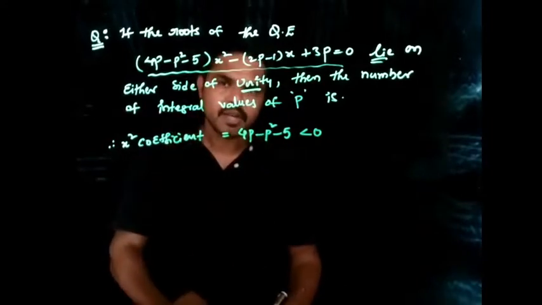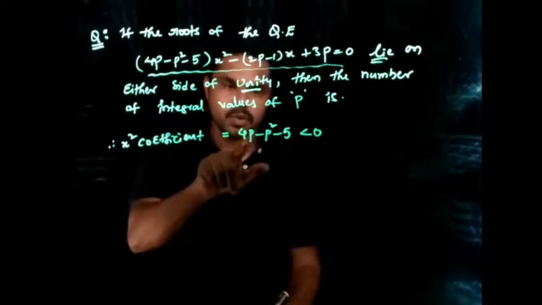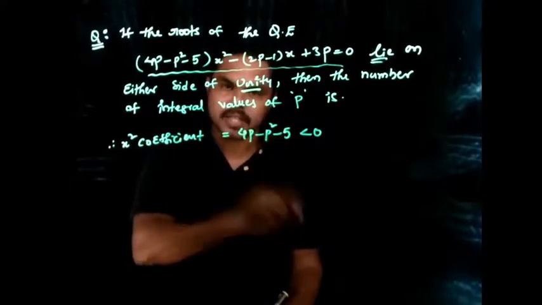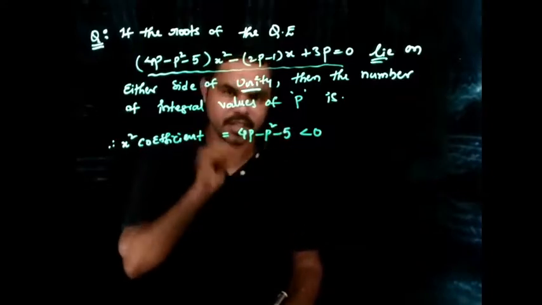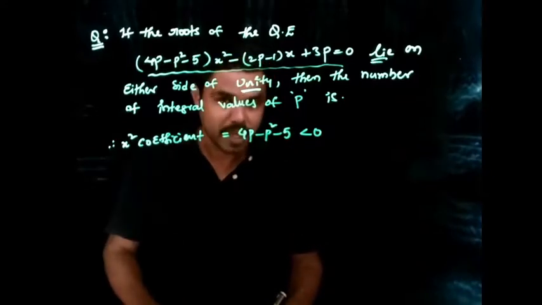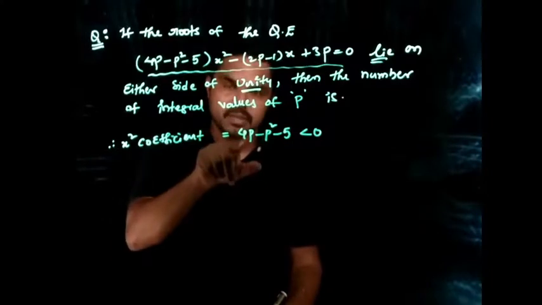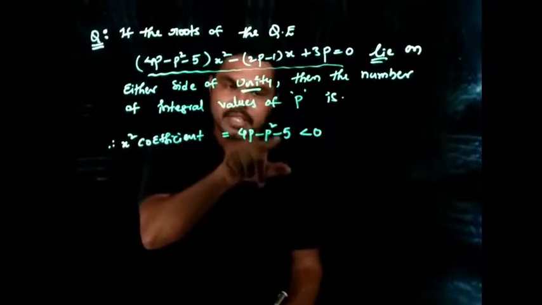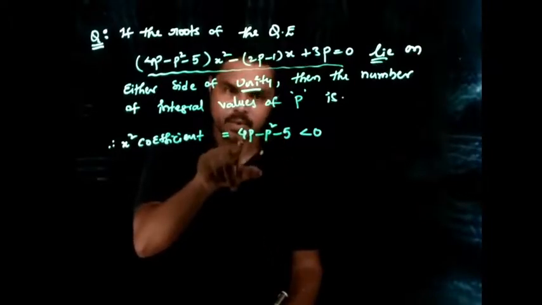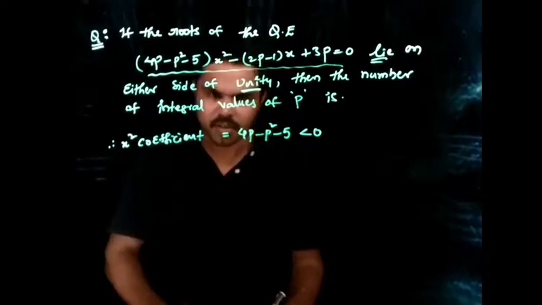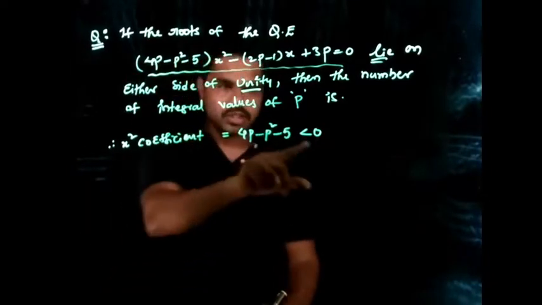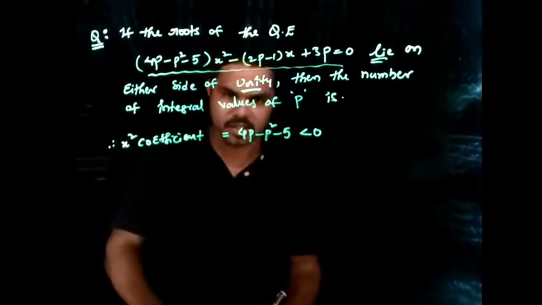Or if you take p value as 1, 4 ones are 4, minus 1, minus 5, minus 6, plus 4, minus 2, again a negative value. Or if you take p value as minus 1, 4 into minus 1, minus 4, minus 1, because when you square, negative becomes positive, so minus 1, minus 5. So minus 5, minus 1, minus 4, minus 10. So that is also a negative value. So for any value of p, you will get the negative value. So this value is always less than 0.